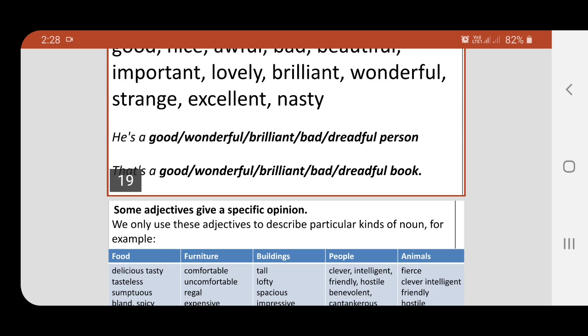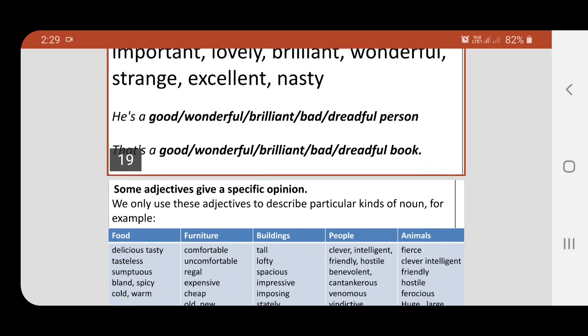So from that this class begins. Up to the adjectives which give you a general opinion, we have completed in the last class. For want of time, I closed it. I concluded the class with that. So in this class, we shall see the second category of adjectives which give you a specific opinion.